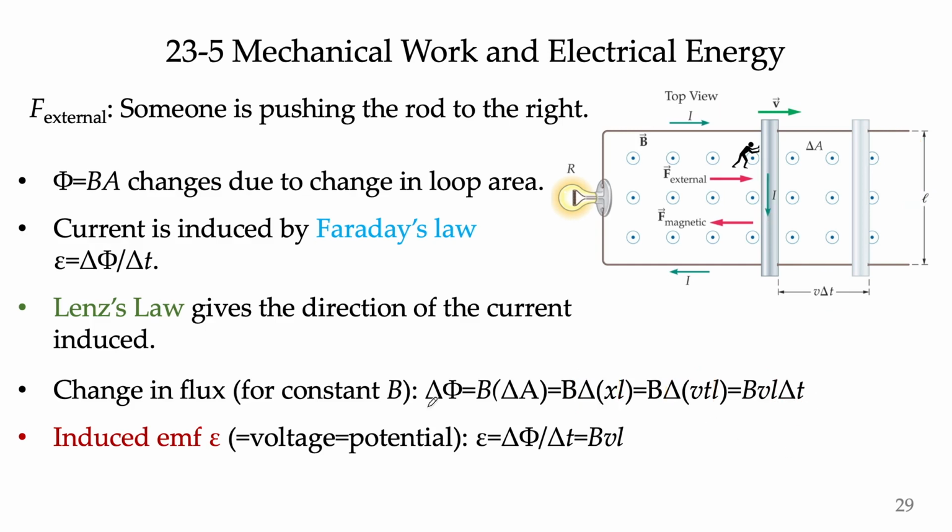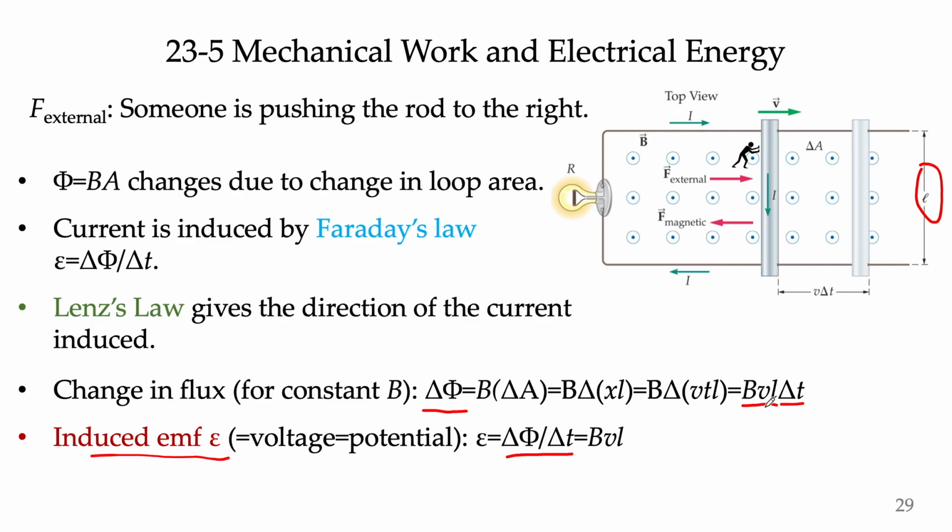So the change in flux, we can write it as B times V, the speed of the rod, times L, the length of the rod, times delta T. Now Faraday's law tells us that the induced electromotive force, or the voltage, or the potential, the same thing, will be the change in flux over time.